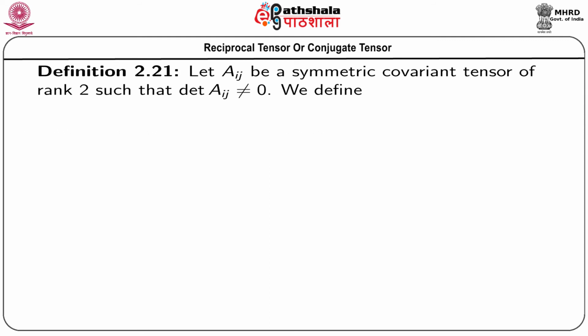Now, a symmetric covariant tensor of rank 2 of this type always forms a square matrix. So, its determinant can be obtained and it should not be equal to 0 for our definition. So, we define the reciprocal tensor or conjugate tensor in the following way.